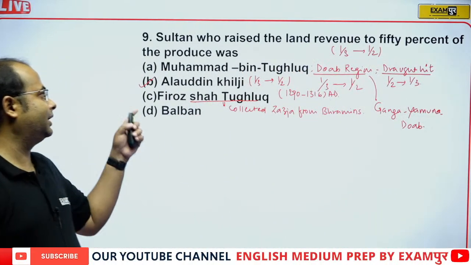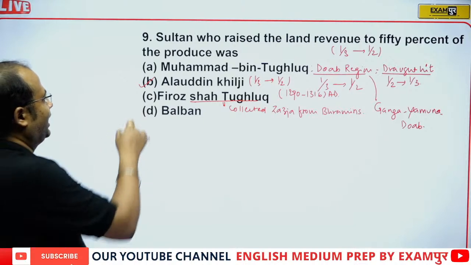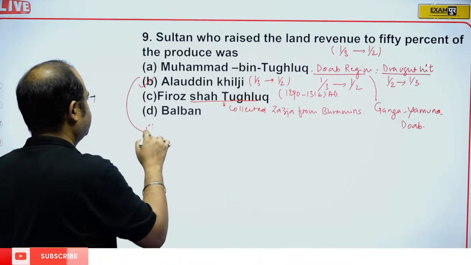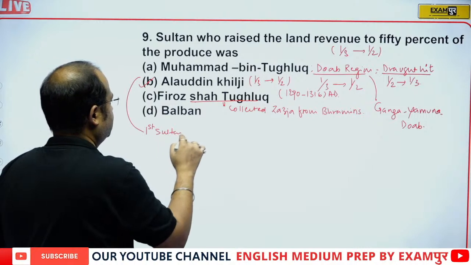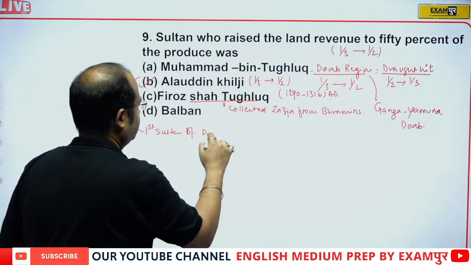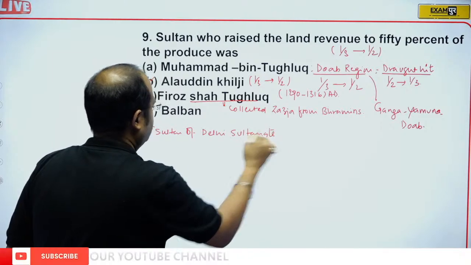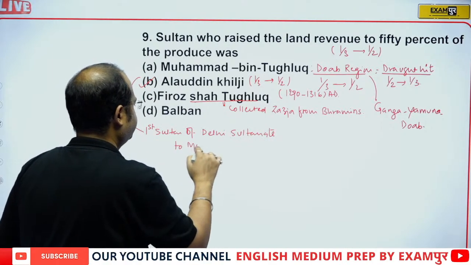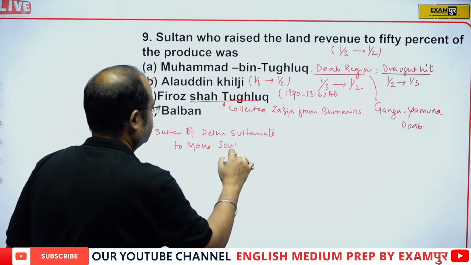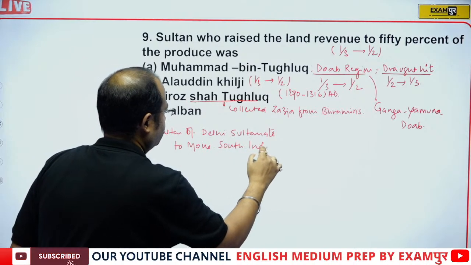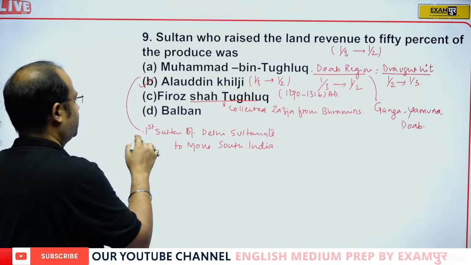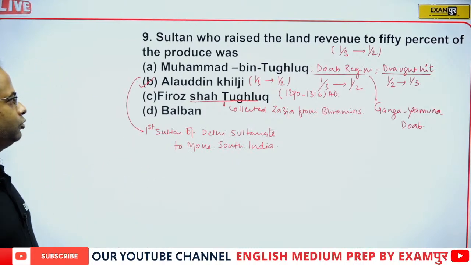Therefore, guys, the correct answer will be Alauddin Khilji, and Alauddin was the first Sultan of the Delhi Sultanate to move to South India.